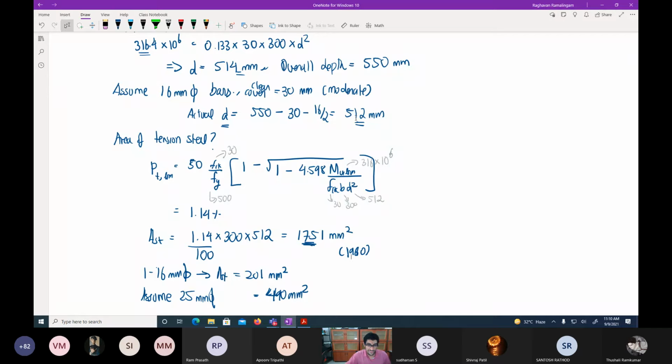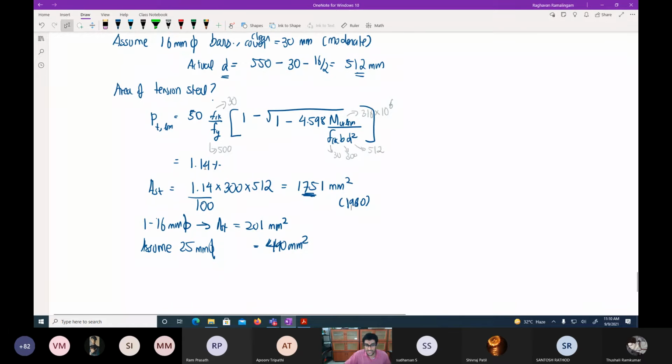You'll get a small difference, but it will not make much of a difference in the pt limit. When you do design, you will have to make a lot of changes. It doesn't make sense to revise everything because of small changes. As long as it is not very bad, you can just go ahead with it.